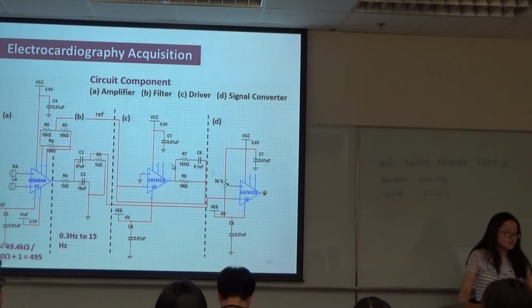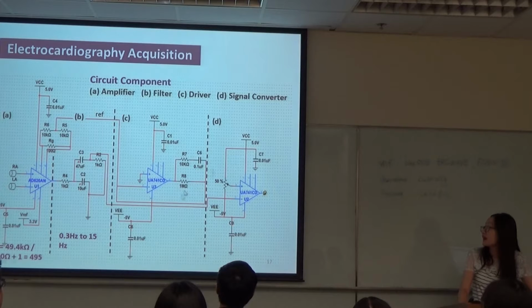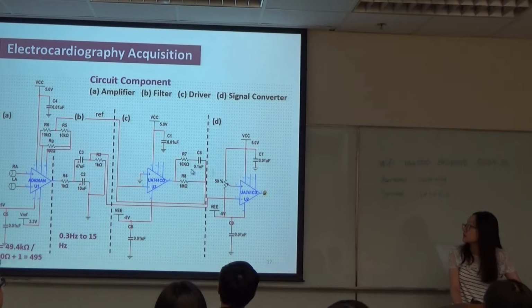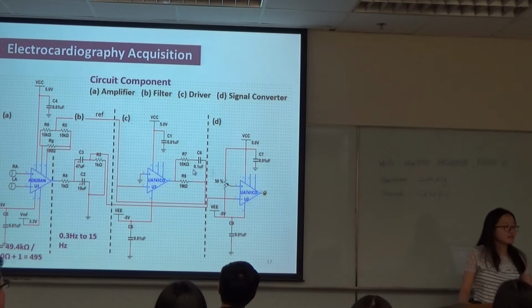And then this path's gain is determined by R7 and R8 and is about 100. C6 here helps to prevent oscillation and maintain the stability of our circuit.